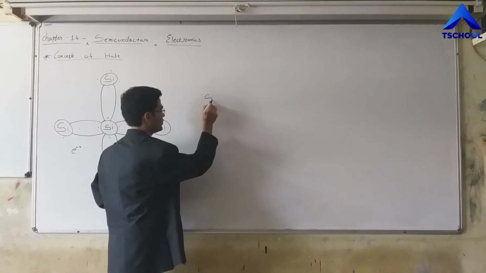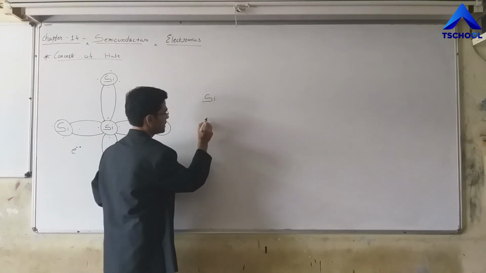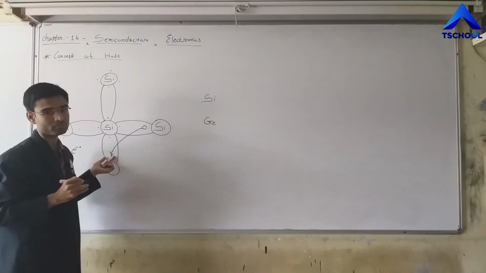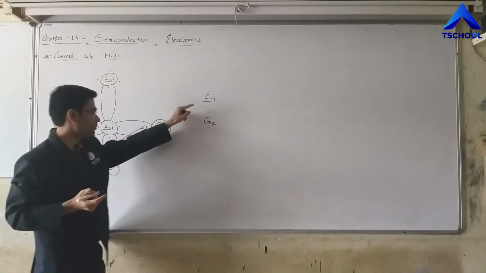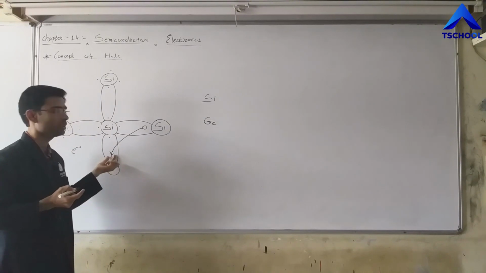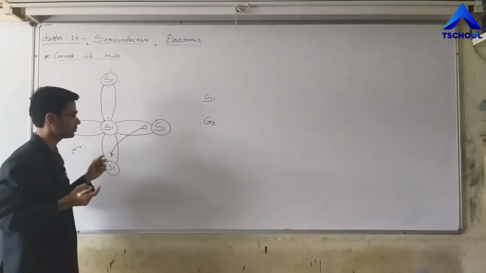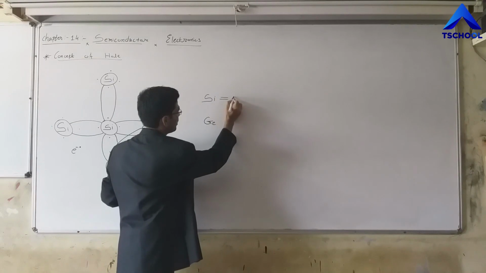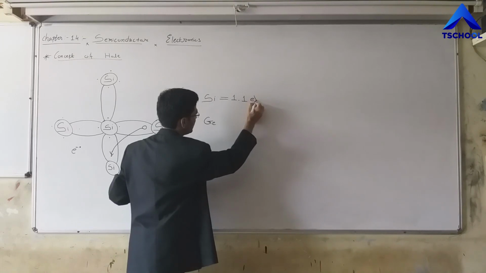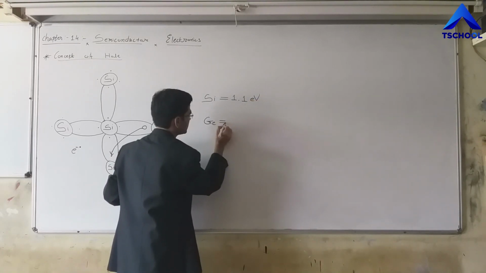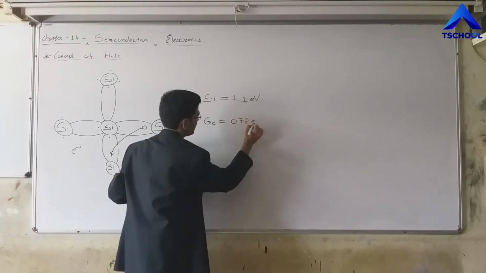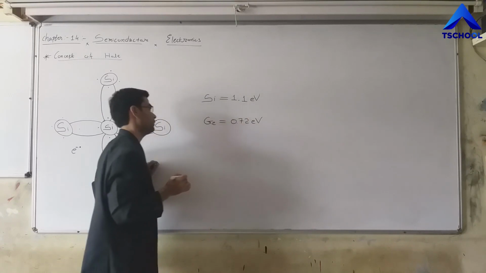Note down the minimum energy required for silicon and germanium to escape the covalent bond. For silicon, that energy is 1.1 electron volt, 1.1 eV, and for germanium, 0.72 electron volt, 0.72 eV.